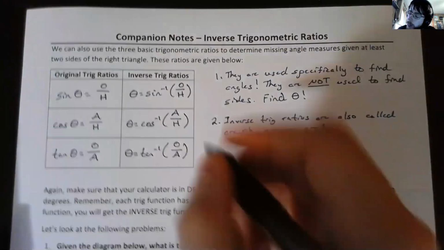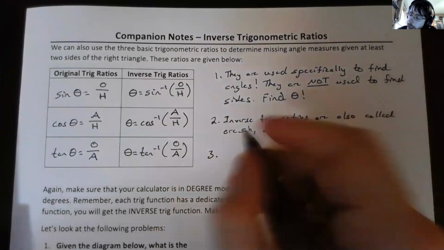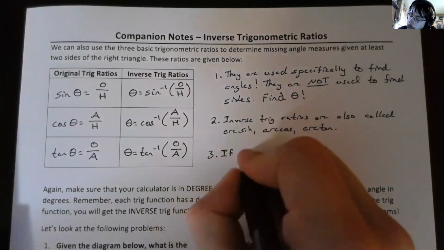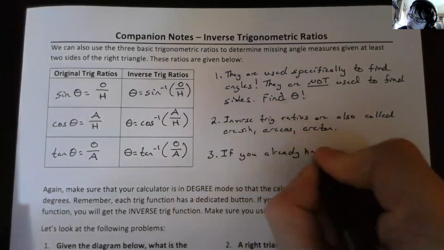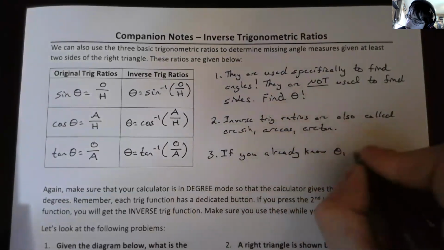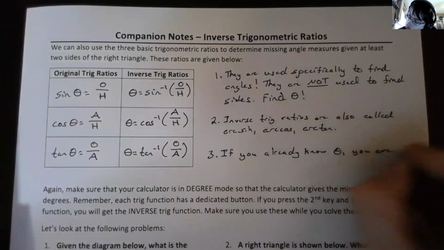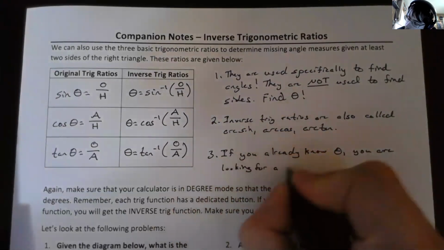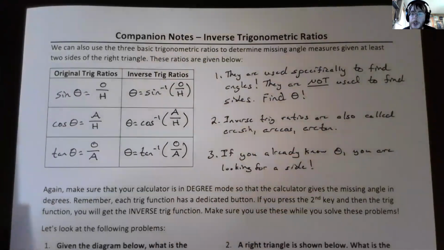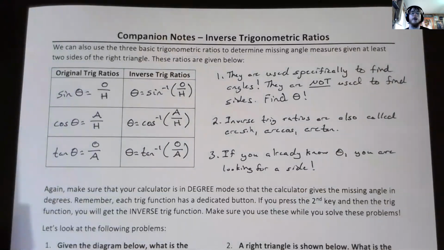And for your third thing, if you already know theta, you are looking for a side. Okay, and in that case, you will not be using the inverse trig ratios.